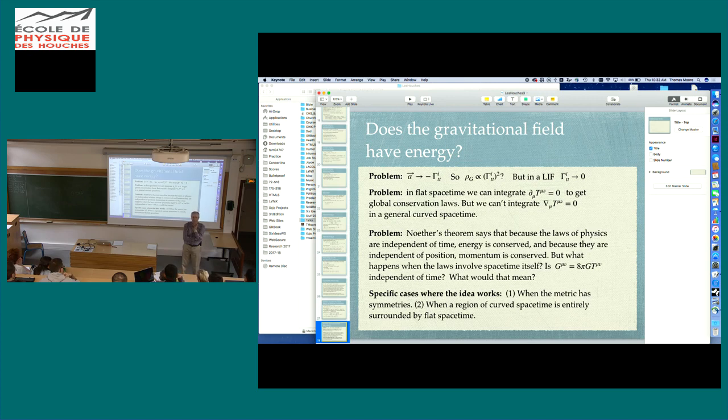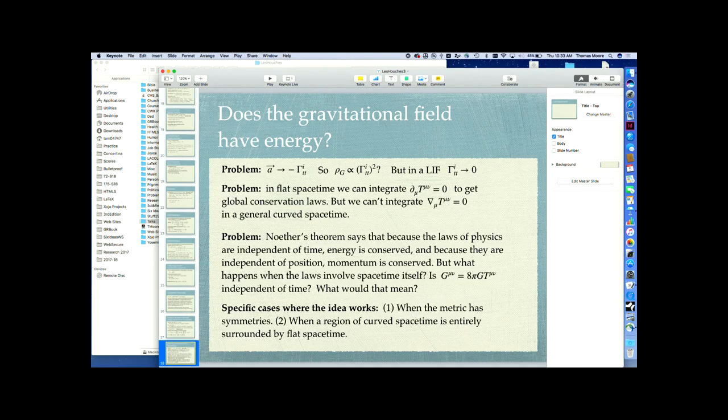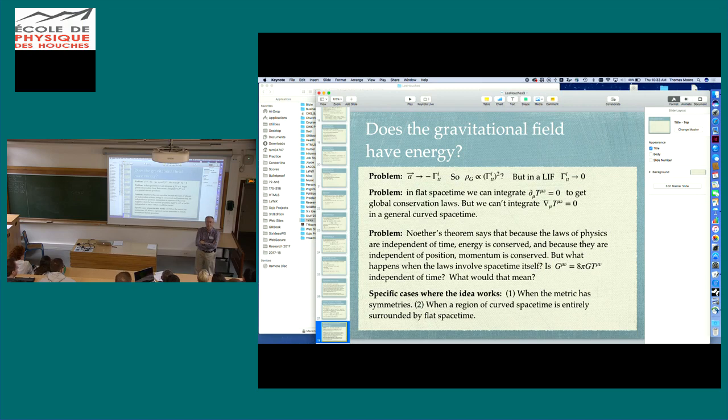Absolutely. And the reason that we can talk about it that way is because of the Penrose process. So, I'm sorry, for everybody to hear, he's talking about how we know that the Penrose process can extract energy from a rotating black hole. But the whole issue is, when you've got a curved region of space-time surrounded by a flat region of space-time, then you really can talk about it.